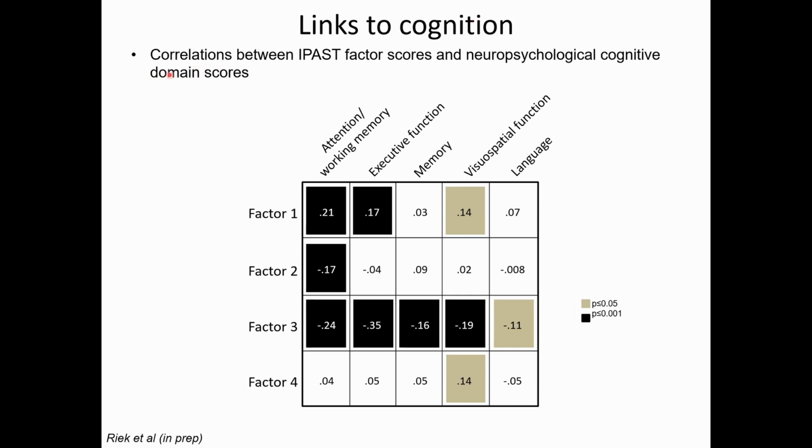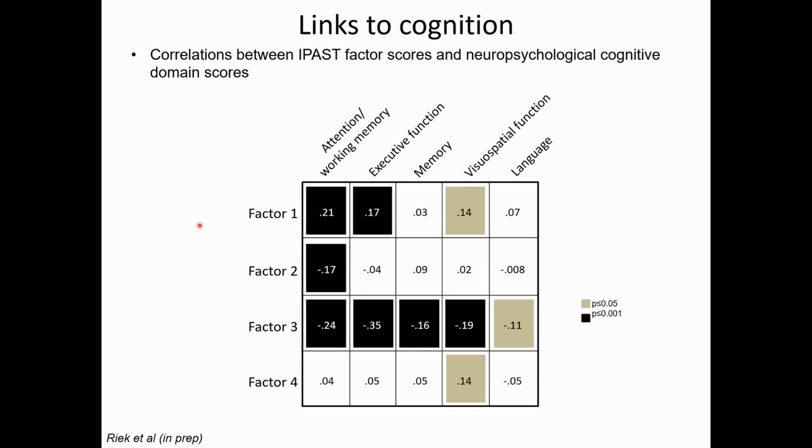So we had a cognitive domain score for attention, working memory, executive function, memory, visual spatial function, and language. And we actually went after language because there's language deficits in a lot of the subgroups of neurodegenerative patients we were studying.